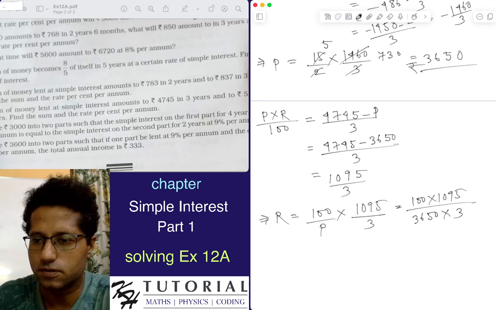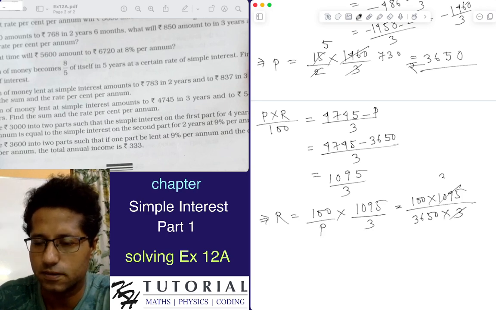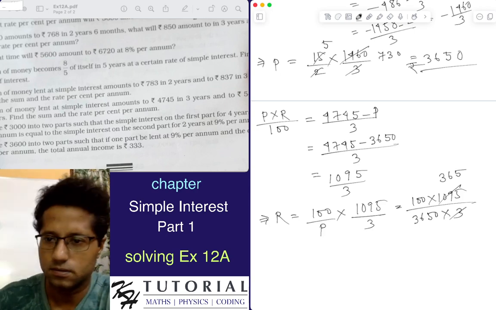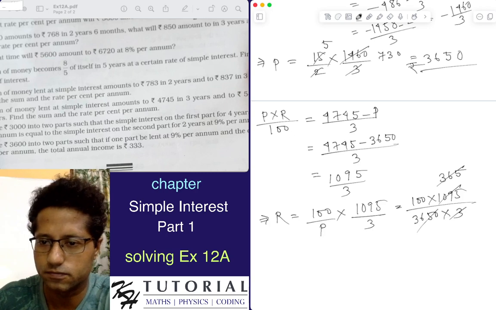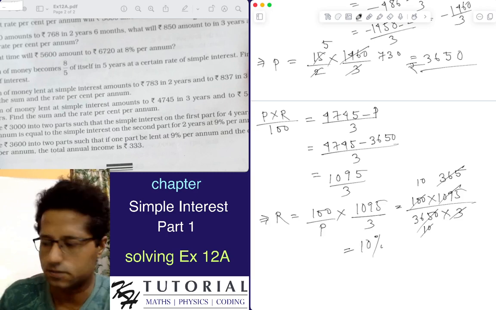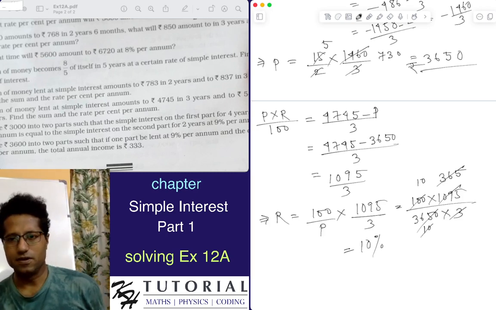Three divides 1095 as 365. Okay, so 365 divides 3650 10 times. So rate percent is 10. Okay, so this was a very long calculation.